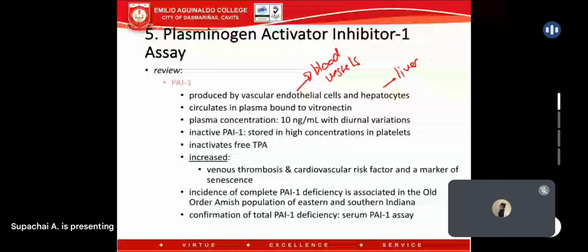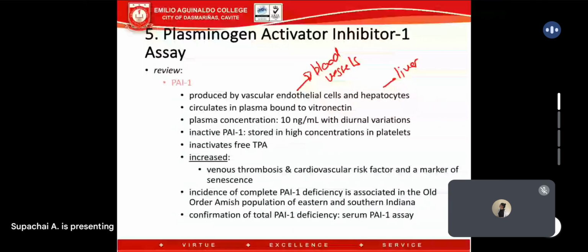Once it is inactive, it is stored in high concentration in platelets, and its inactivity will free the TPA. So an increase in PAI1 indicates the presence of venous thrombosis and cardiovascular risk factor, and it is also a marker of senescence or being old.